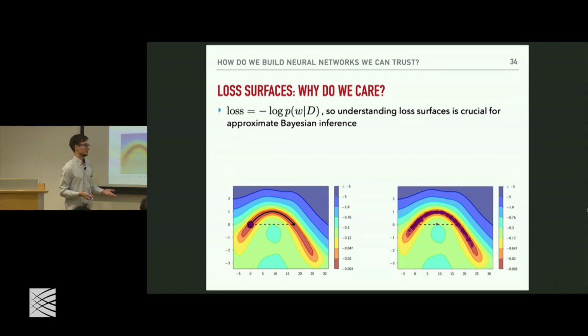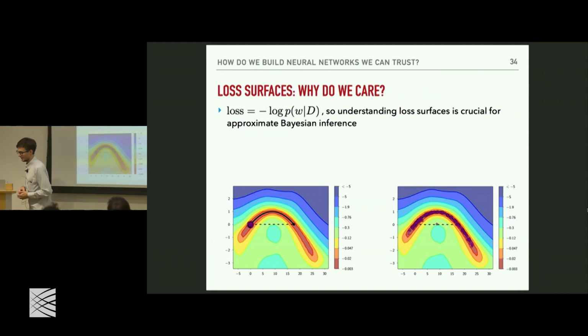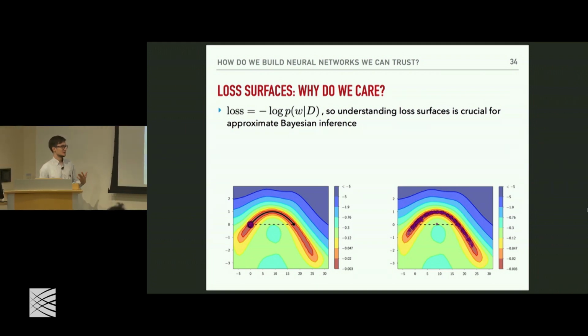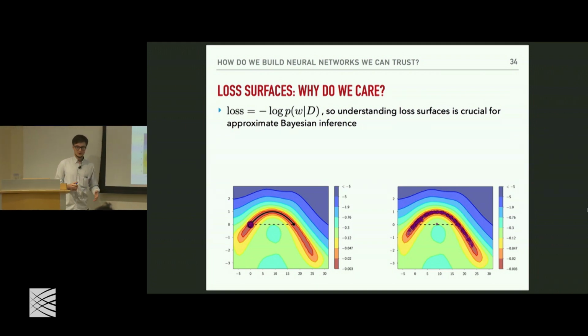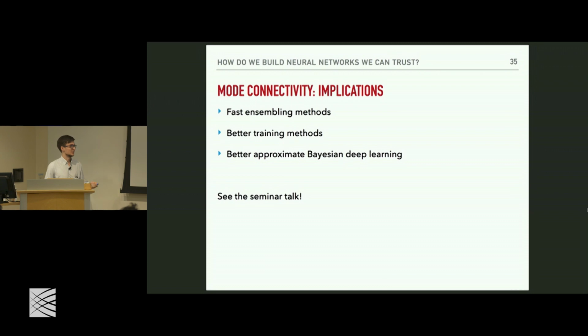But we want to cover as much of the posterior mass as possible. This motivates why we want to take the geometry into account when we try to come up with new approximate inference techniques. So there are many practical implications of mode connectivity that Andrew will talk more about in his talk.